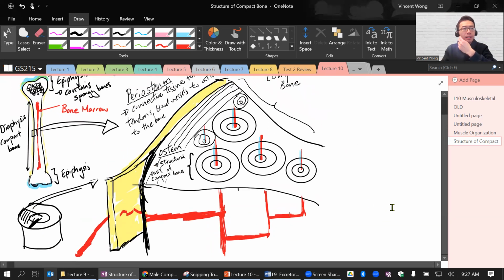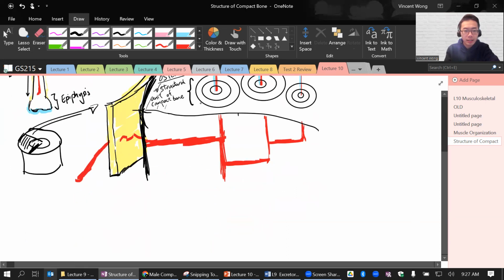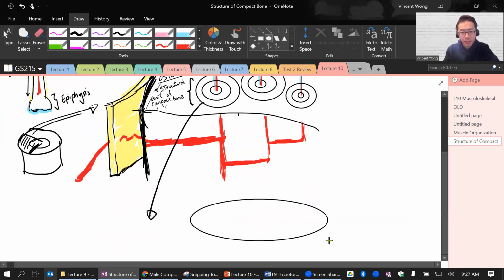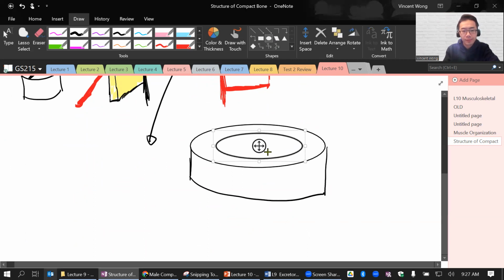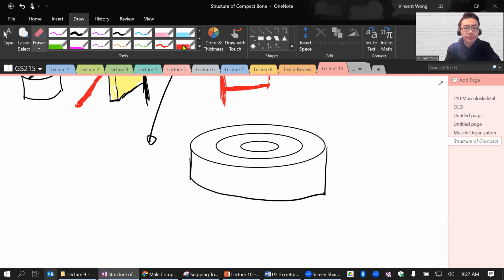Okay. I'm going to take one of these osteons out, and then we're going to draw a little bit more detail about it. Okay, so here is an osteon. Just take a big one here. Okay, and a chunk there. So there's the osteon. Okay.